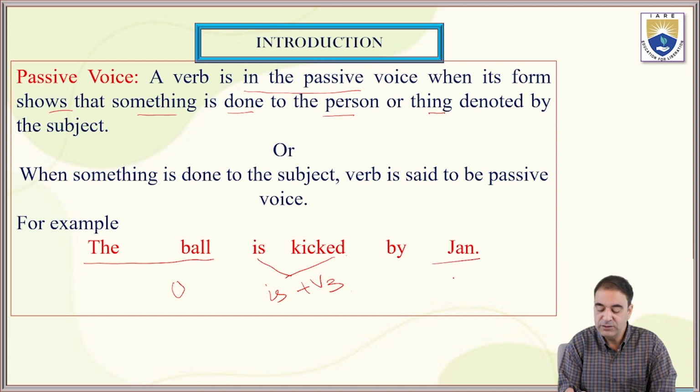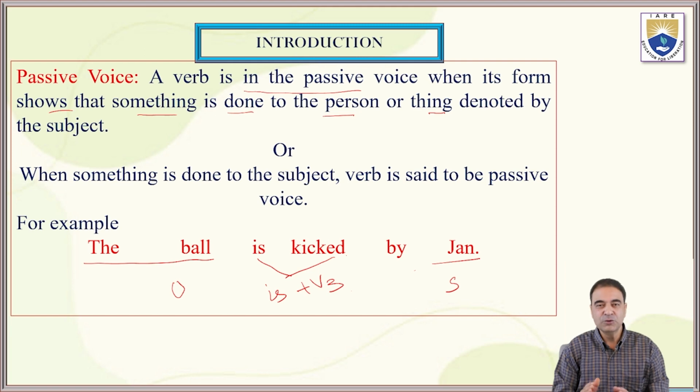Then we have John as a subject. Here, something is done to the subject. When something is done to the subject, we say that the verb is in the passive voice. Like here, the ball is kicked by John.